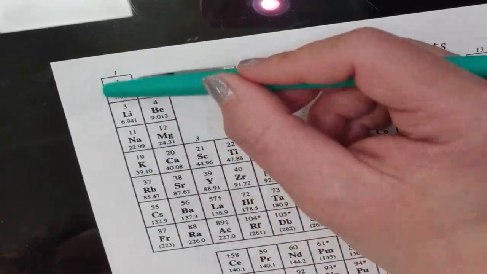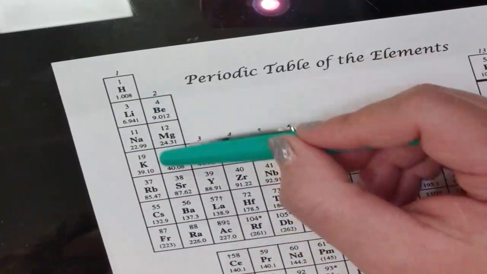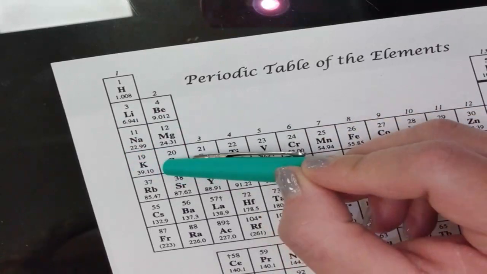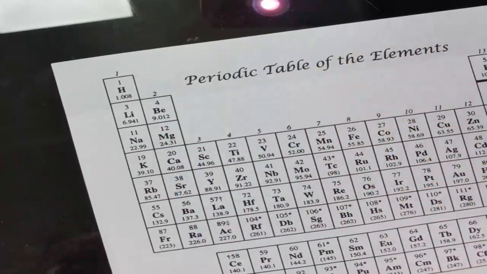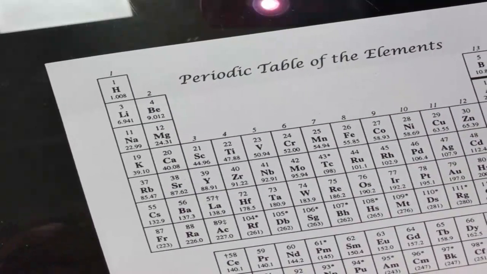Group 1A has 1 valence electron. Group 2A has 1, 2. So this whole group has 2 valence electrons. Now, because valence electrons are what's involved in bonding, valence electrons are going to also determine the properties.